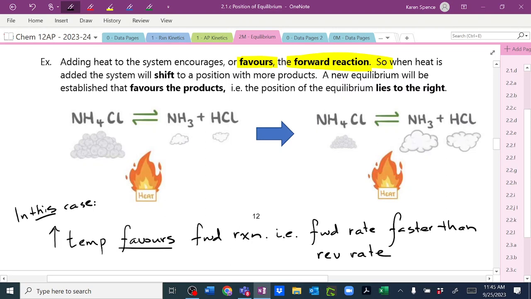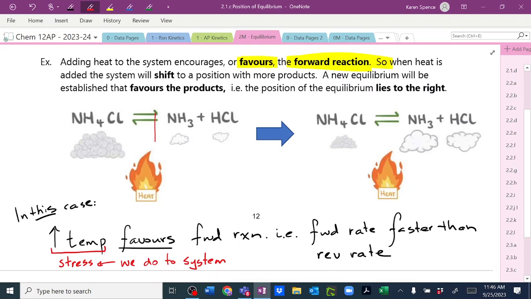So if you have a stress, remember, a stress is something that we do to the system. If we stress a system, we will be changing the rates.